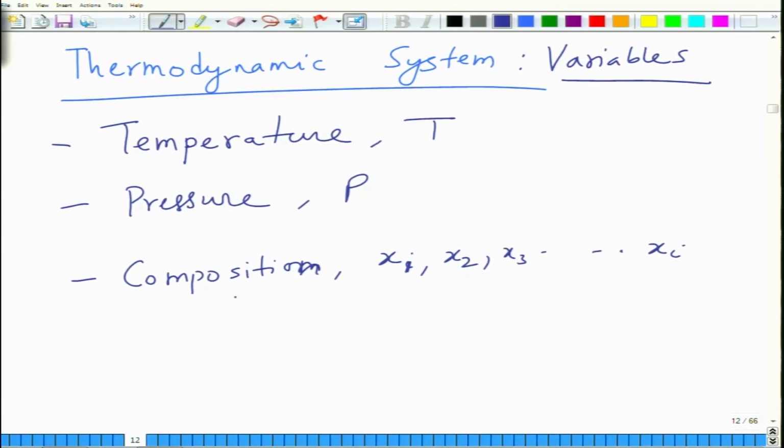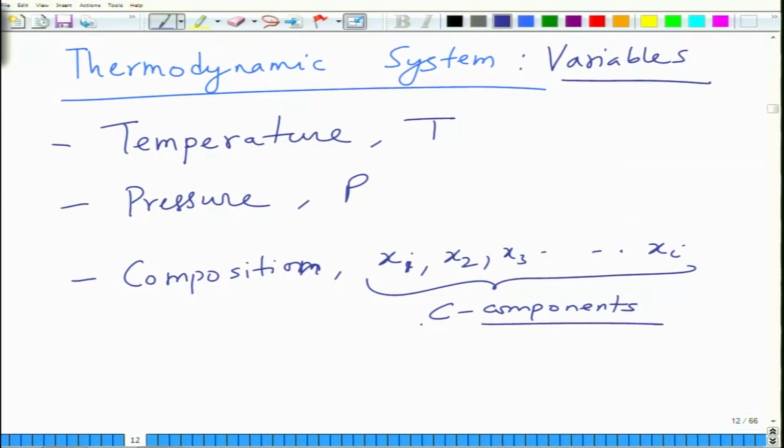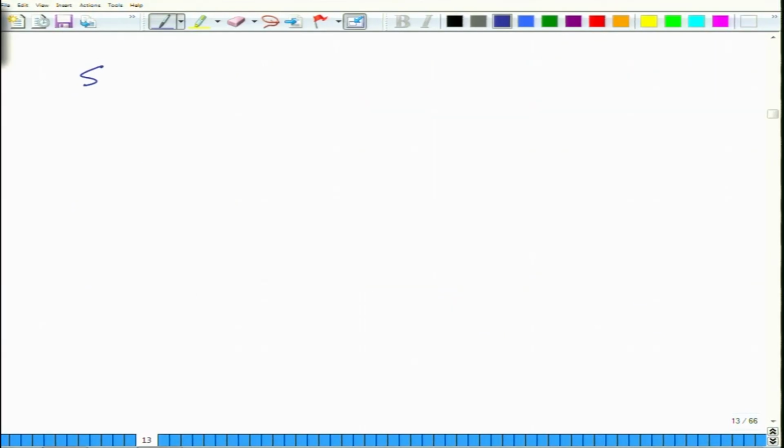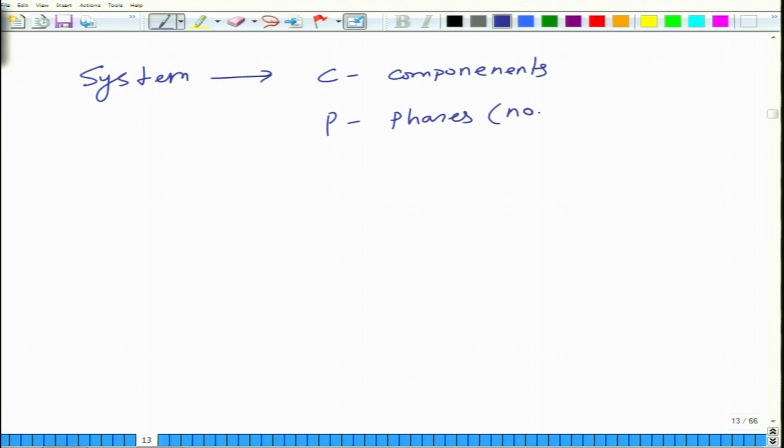Let us say the system has C components, and these C components give rise to P number of phases. So P is the number of phases and C is the number of components, both are numbers.